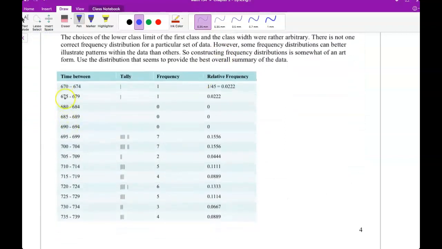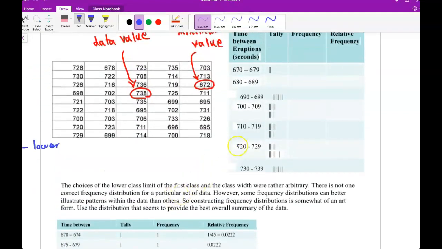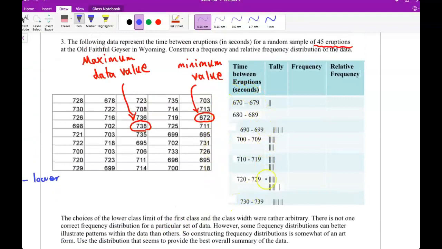And here, as you can see, the difference between these two numbers is 5. The class width is 5, that's why the total number of classes is more than we got on the first part with class width equal to 10.